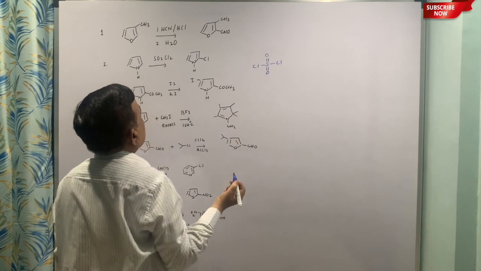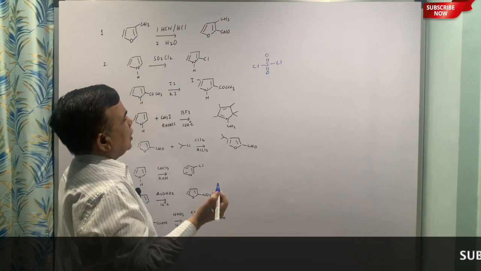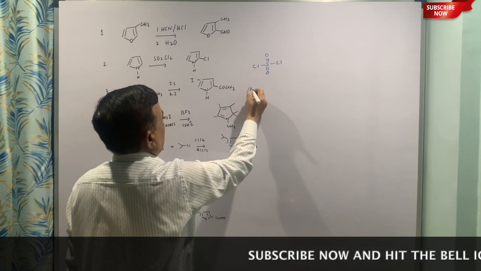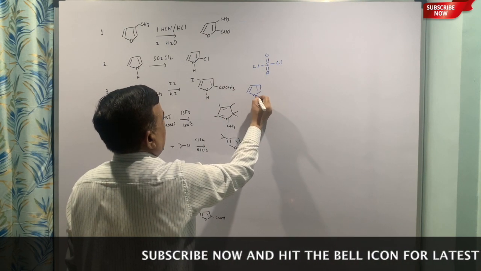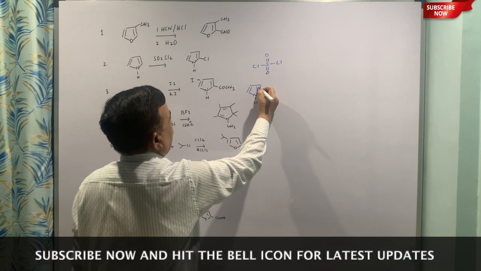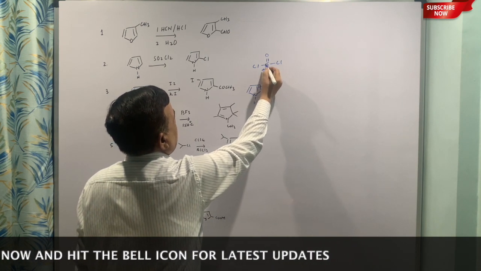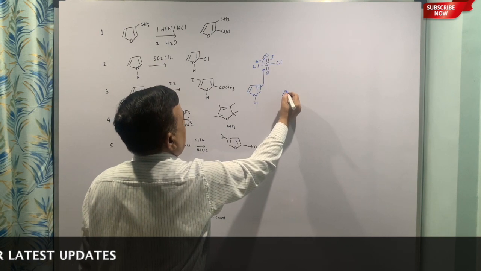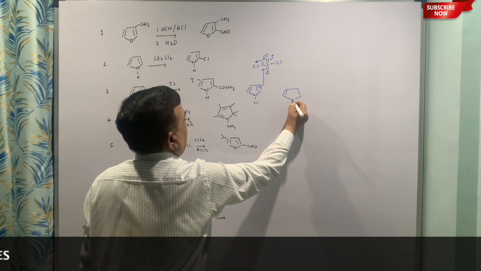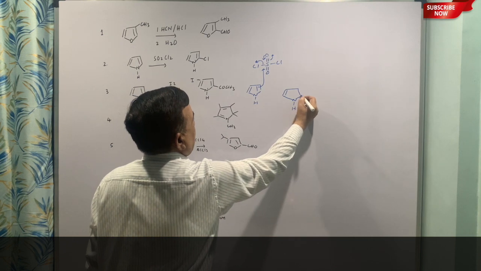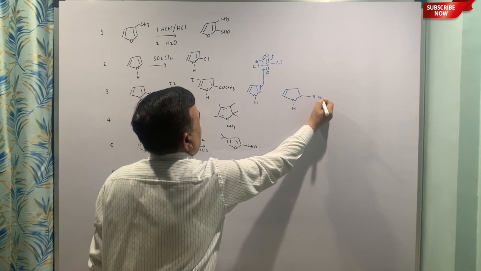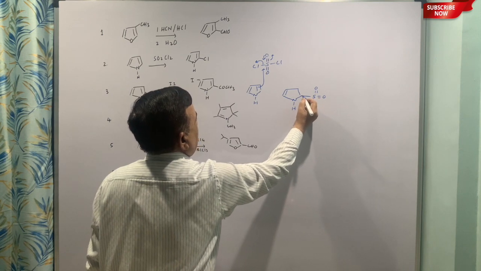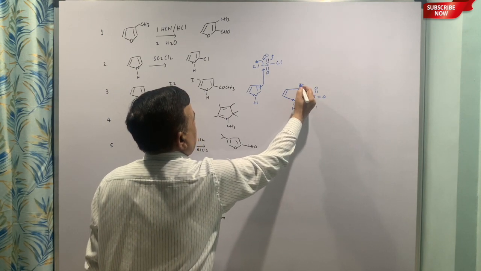This is SO2Cl2. Once I put Pyrrole here, you can directly show the attack at sulfur. This will go off, this acts as an electron sink, and then you can show the S double bond O, Cl plus.